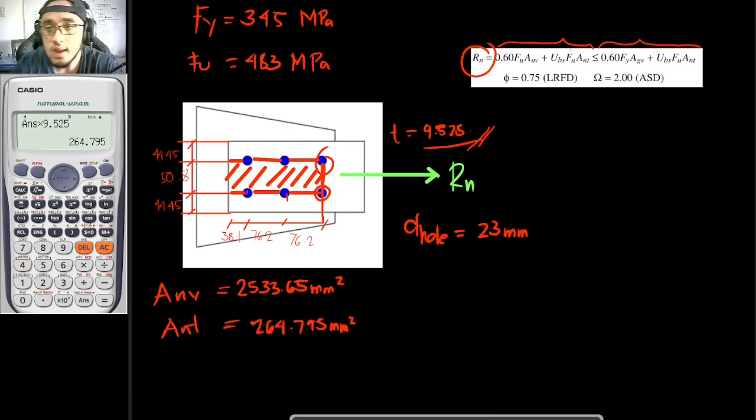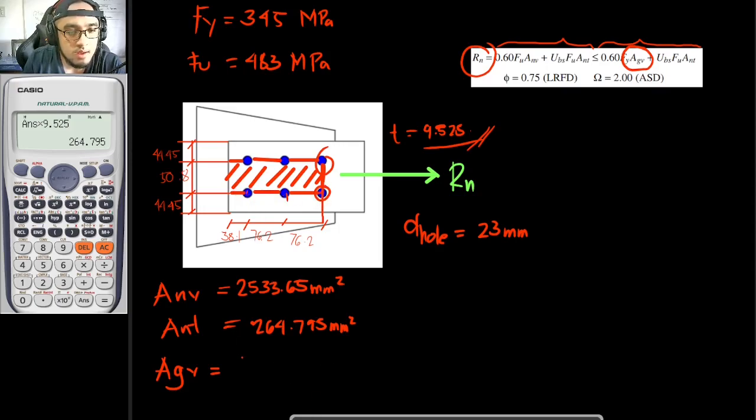So what else do we need? It is said here that we also need our AGV. For our AGV, that is pretty basic. It would be the area of this one right here, not considering the holes.